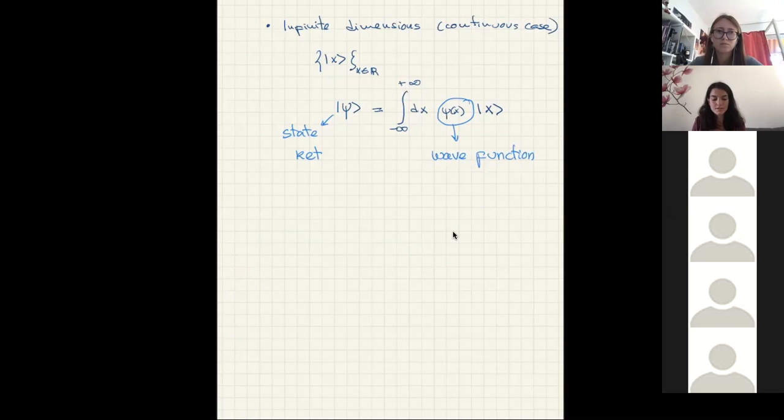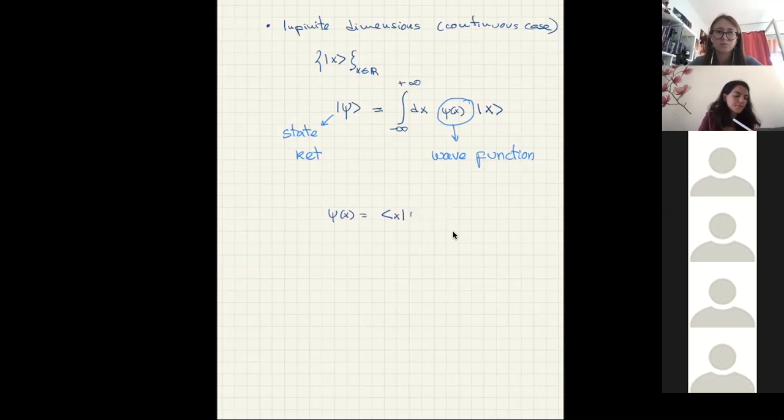You only see this function phi of X. Well, it's very simple. If you look at it, phi of X is just this, where this is the inner product between X and the state.